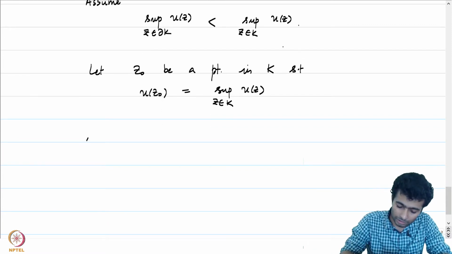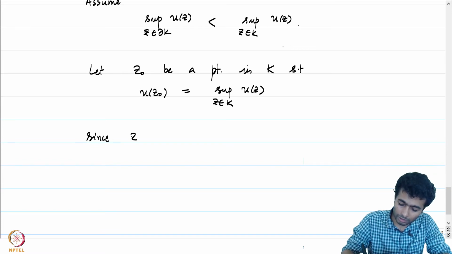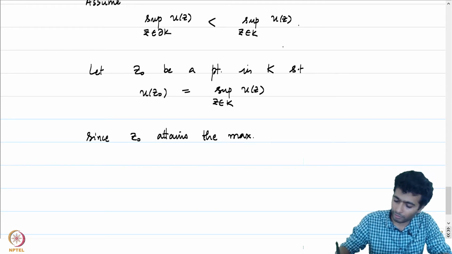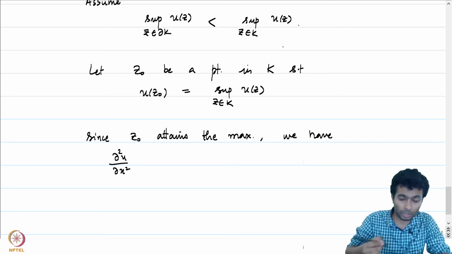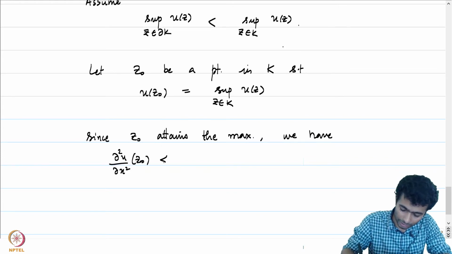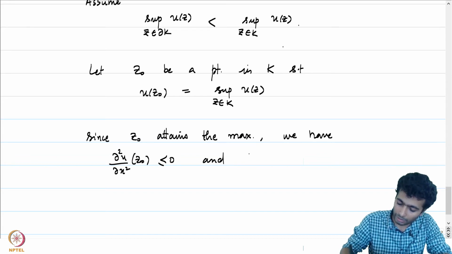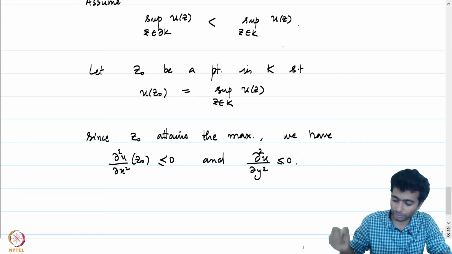From calculus, since z0 attains the maximum, we have both the second partial derivative along x at z0 is less than or equal to 0, and the second partial derivative along y is also less than or equal to 0.